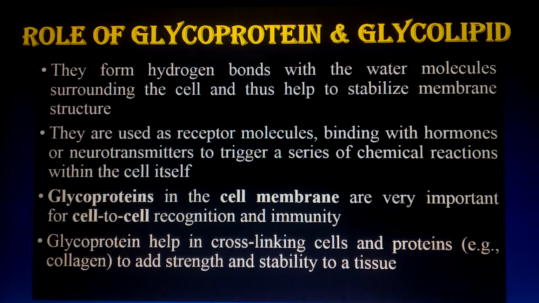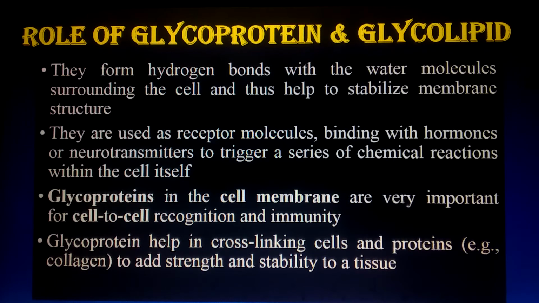It allows very small molecules, or those molecules which dissolve easily in the lipid bilayer, to pass. The larger molecules, larger proteins and other large molecules, can pass through the integral proteins or many other types of proteins present in the cell membrane.